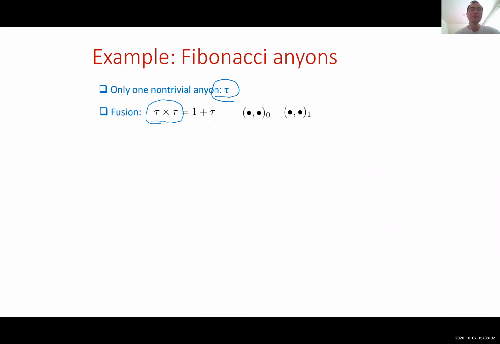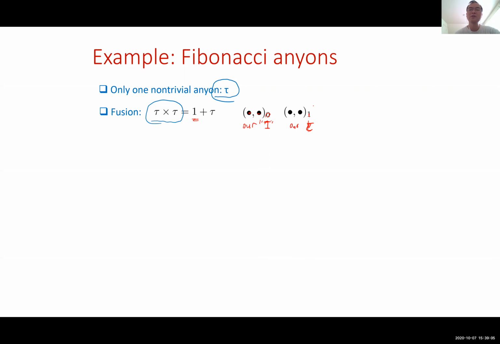Fibonacci anyon. So sometimes you may see in the literature people use a black bar to denote the presence of a Fibonacci anyon, and it fuses to identity, fuses to 1. So we use 1 here, but in some other literature you use 0. Okay, this is our 1.